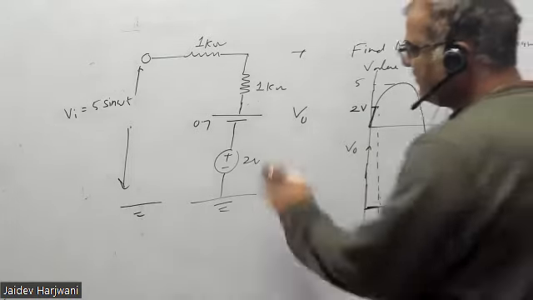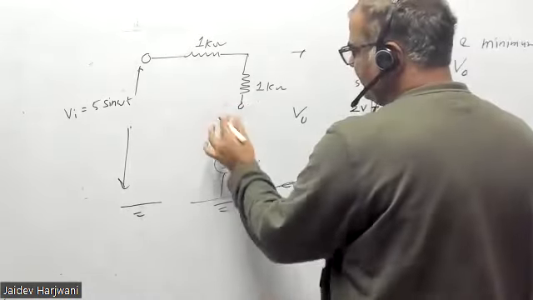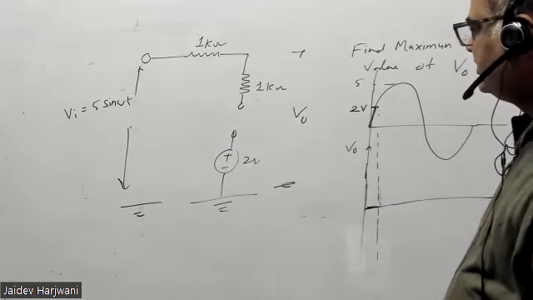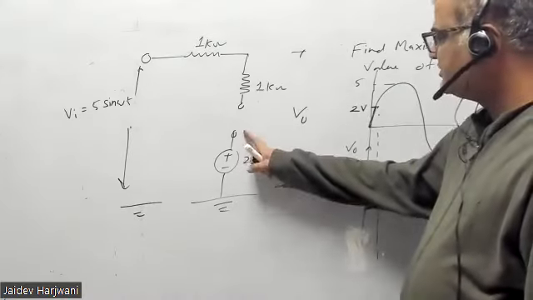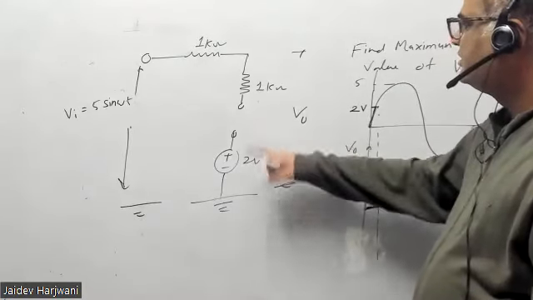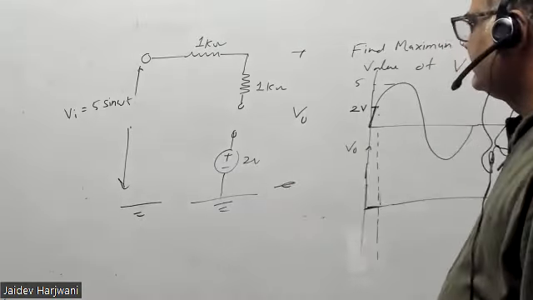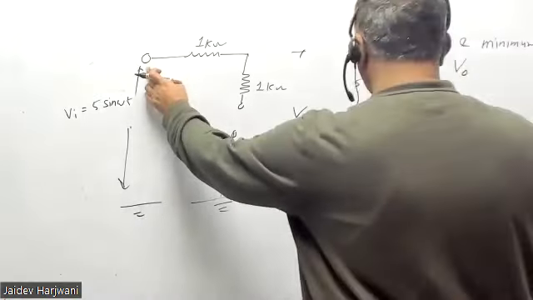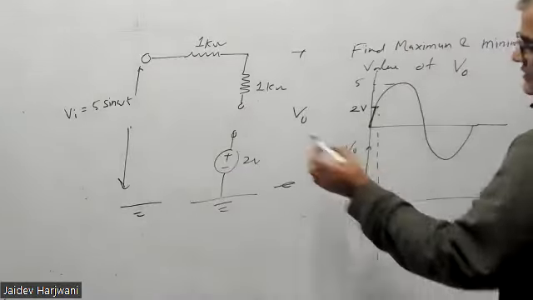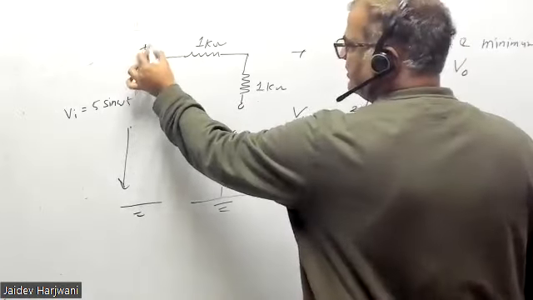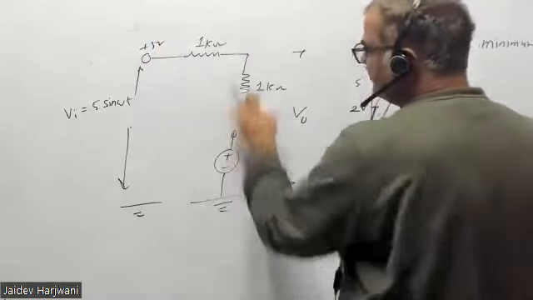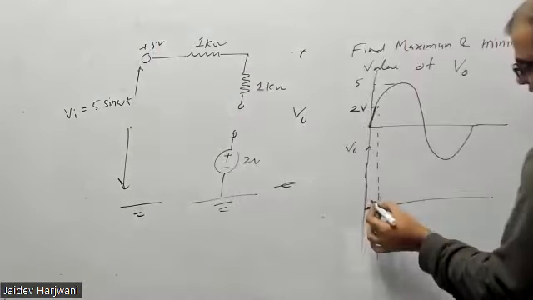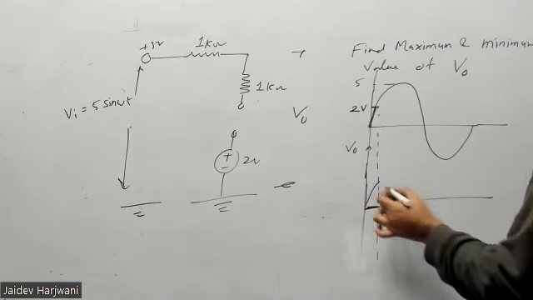If it is open, this resistor has gone out of the circuit, and here also no voltage drops, so you get exactly what is coming here, because you are directly measuring this point with respect to ground. So the output will be exactly the same as the input, like this.